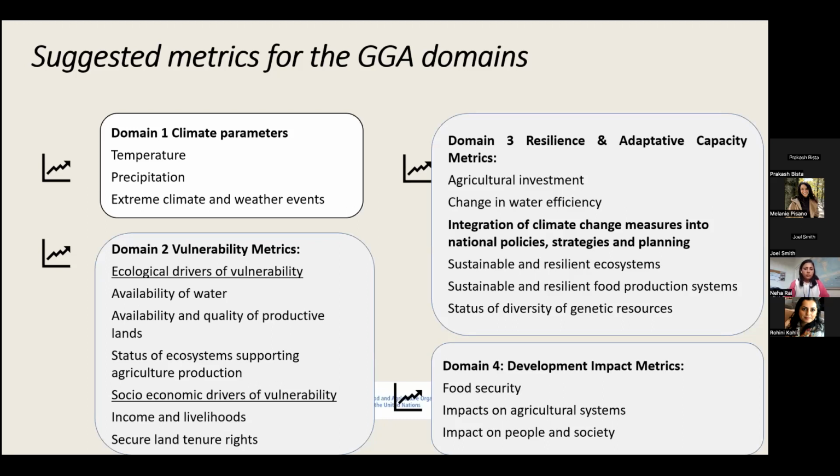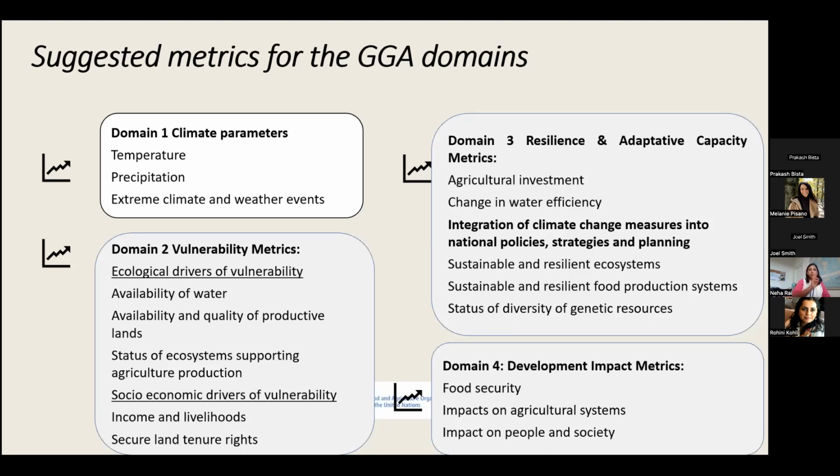So in FAO, the approach to vulnerability includes not only economic and socioeconomic factors, which is the usual theory of change, but also ecological dimensions that hinder, enable, or affect how systems cope with climate hazards and shocks. So these will include indicators such as ecological metrics on natural resources, availability of water, productive lands, and also socioeconomic metrics such as focus on incomes, livelihoods, access to basic services.